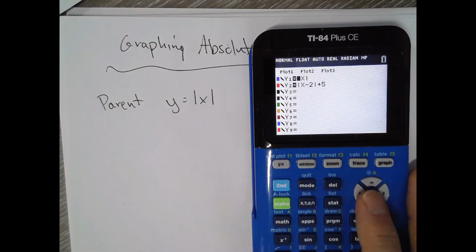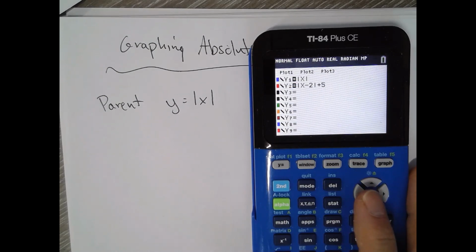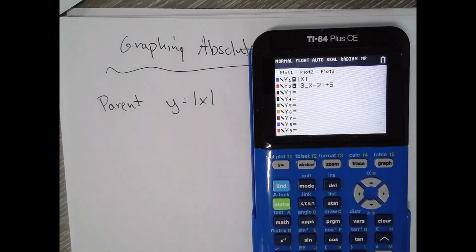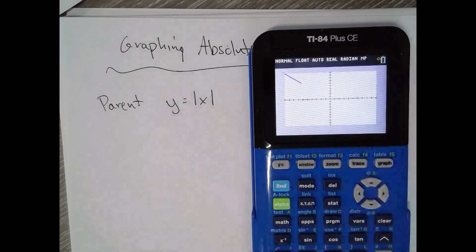If I wanted to, I'm going to insert a negative 3 out front. A negative 3 is still going to do right 2 up 5, but it's going to go down because it's a negative 3. And you can tell that it's a little bit skinnier too because there's a number out front greater than 1.